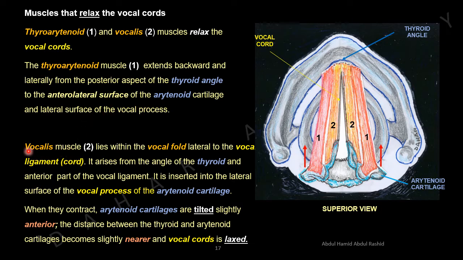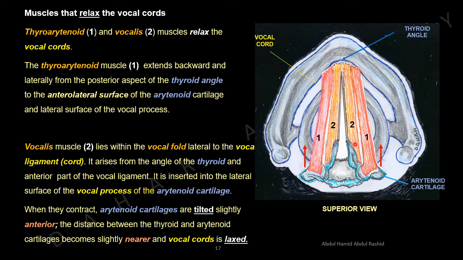Next one is the vocalis muscle, number 2. It lies within the vocal fold of the larynx. You can see here, on its medial side is the vocal cord. So this is the vocalis muscle. Again, coming from where?